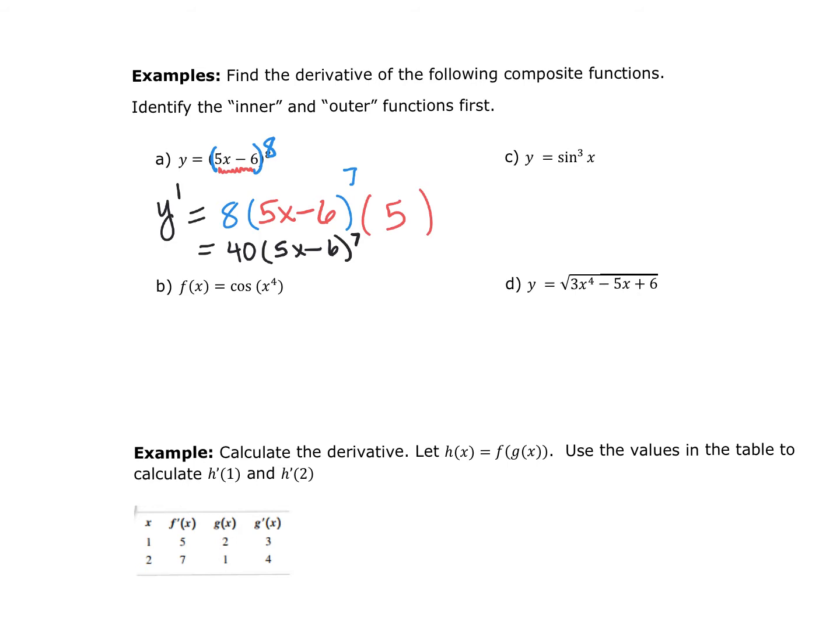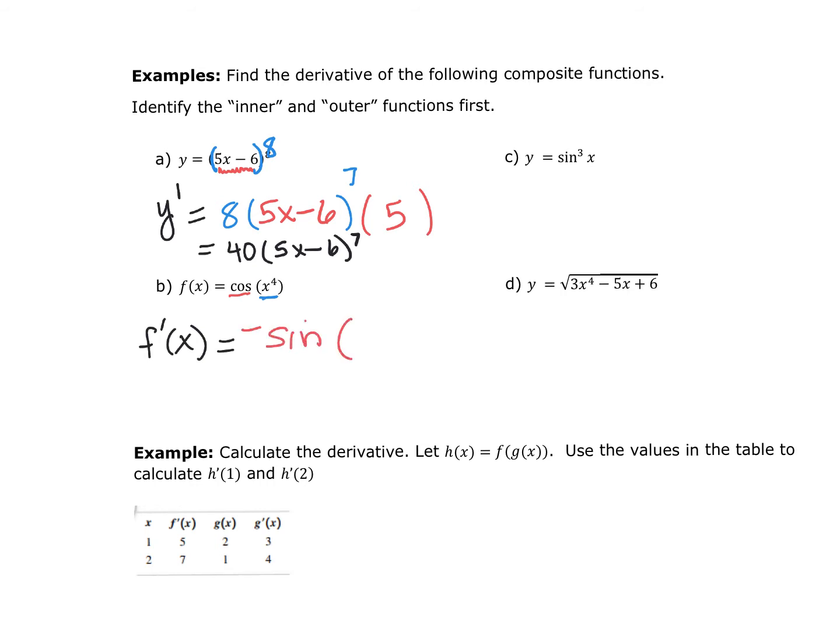Let's do that again with this function here. Cosine is my outer function, and x to the 4th is going to be my inside function. So when we think of this, the derivative of the outside function, derivative of cosine, is negative sine.